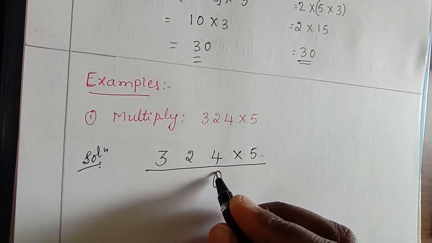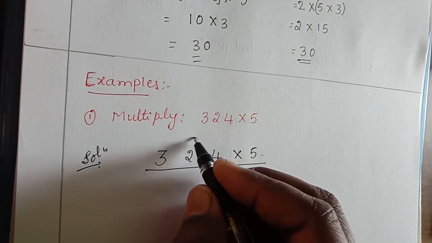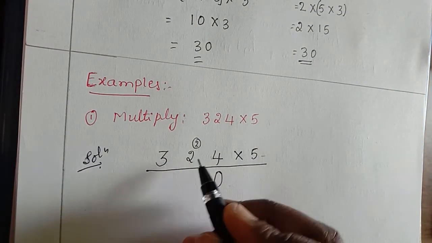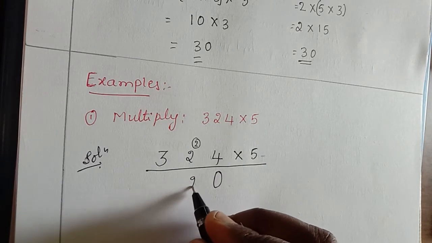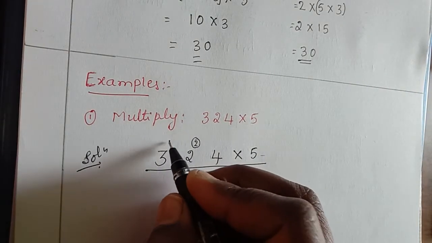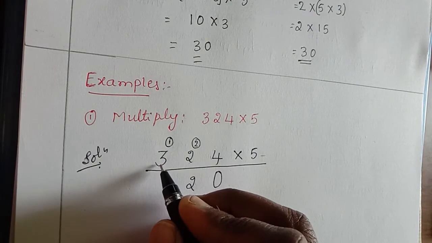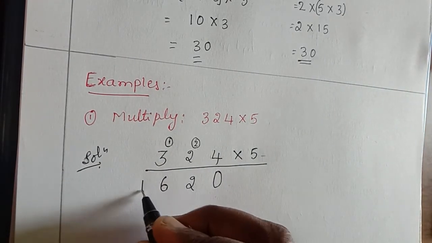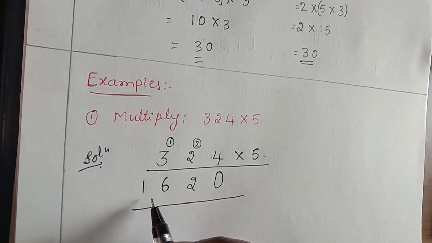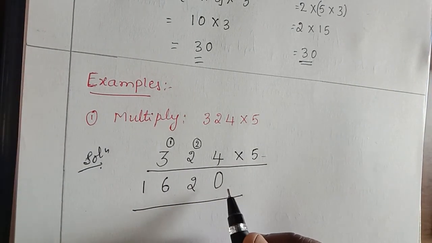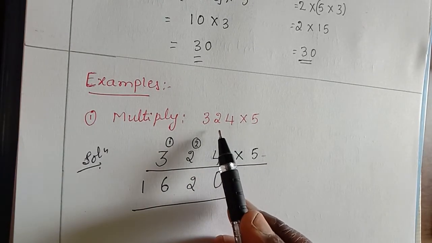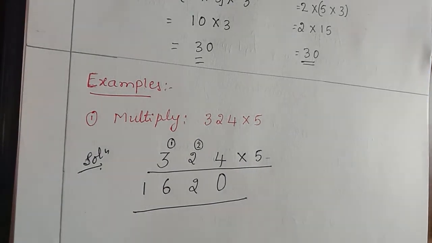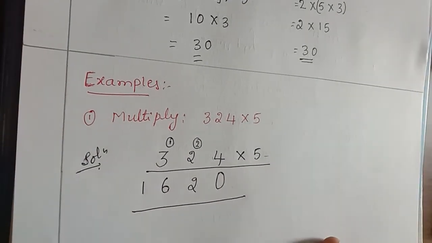Write 0 and 2 will be the carry. 5 2s are 10 plus 2 is 12, write 2 and 1 carry. 5 3s are 15 plus 1 is 16. You should write 16. Now the product is 1620. So when we multiplied 324 by 5, we get 1620 as the answer. Clear?